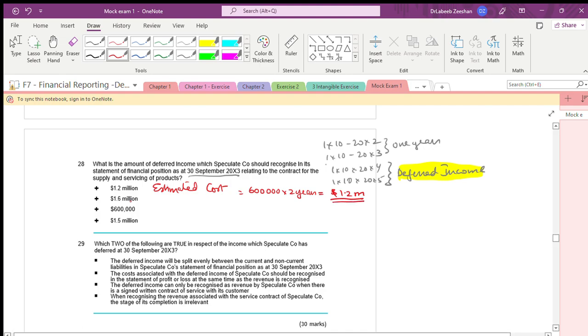Put like this: 25% is the profit, if 1.2 million, if 1.2 million is equal to how much? 75, 100 is equal to question mark.